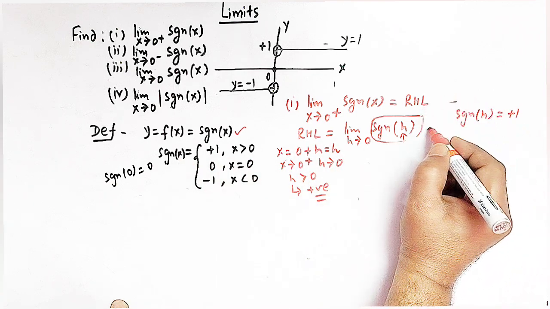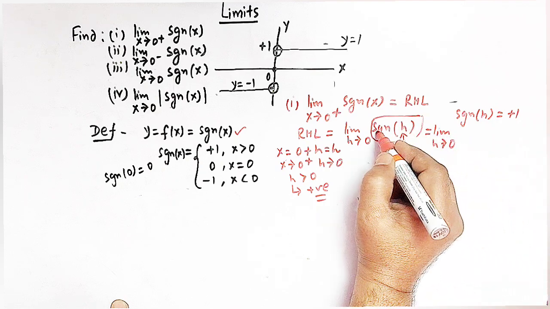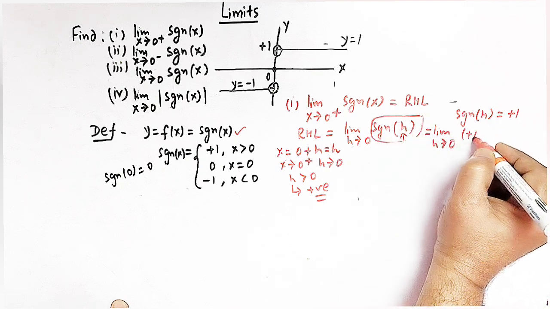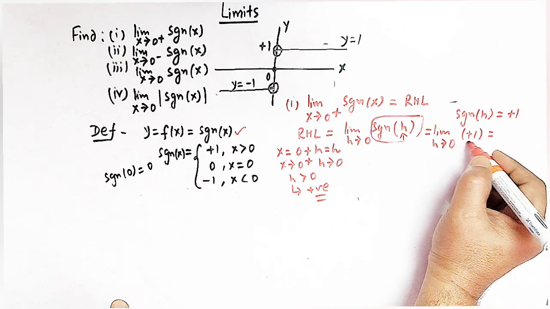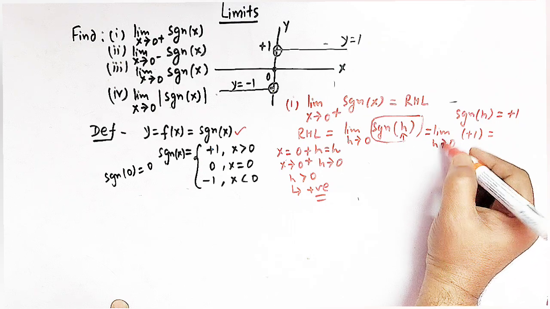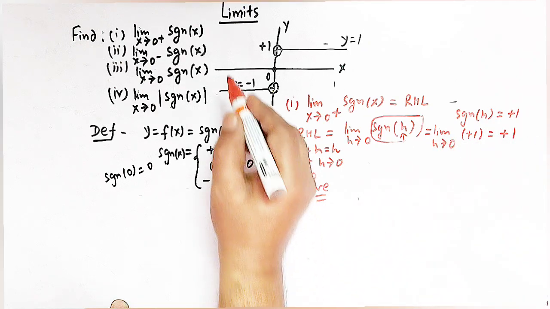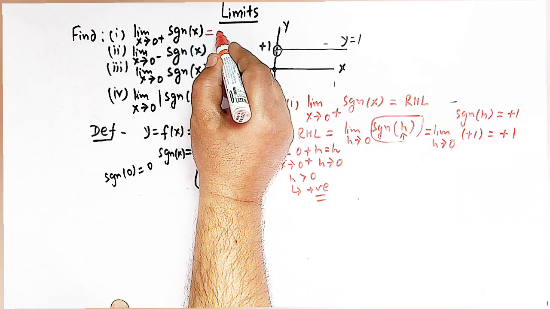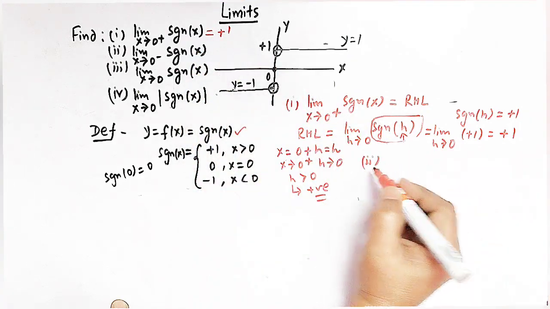So here we have limit h tends to 0, and for signum of h we have plus 1. So here this quantity is now independent of h, so we can remove this limit notation, so we are left with just plus 1. So the value of this limit is equal to plus 1.